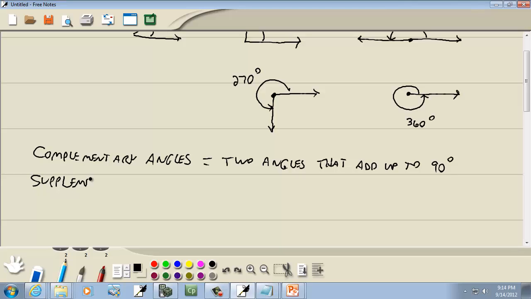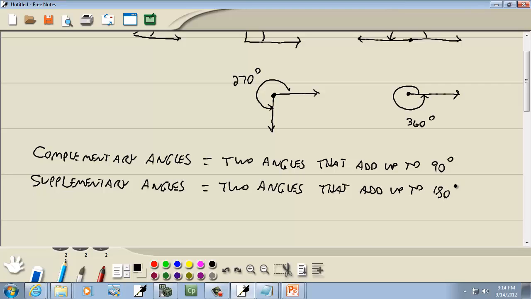And then you have supplementary angles. These are two angles that add up to 180 degrees.